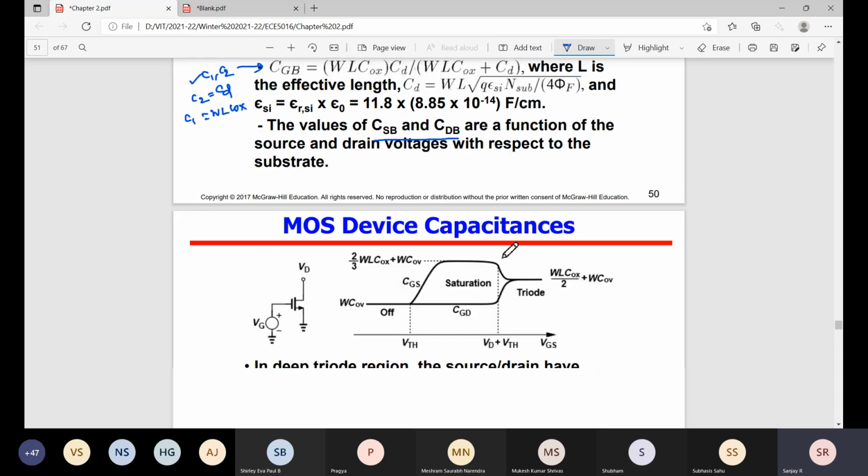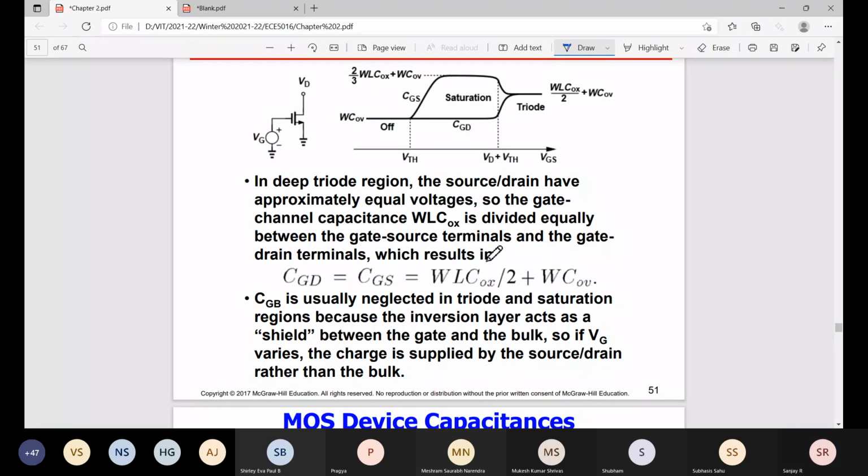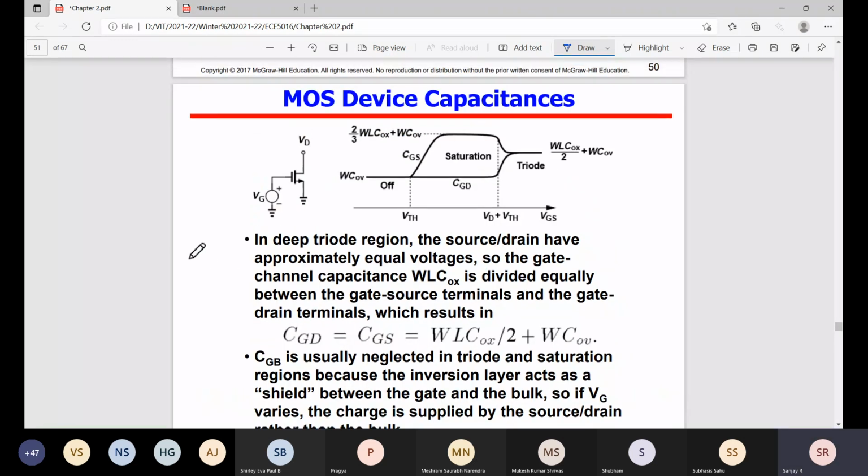Okay, so now we'll come to when the device is turned on. So VGS greater than VT. Now I am drawing the structure.